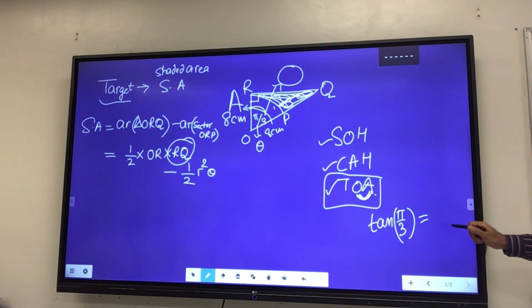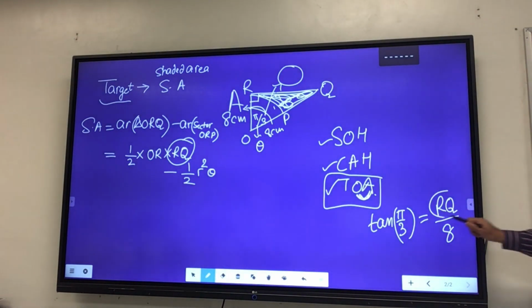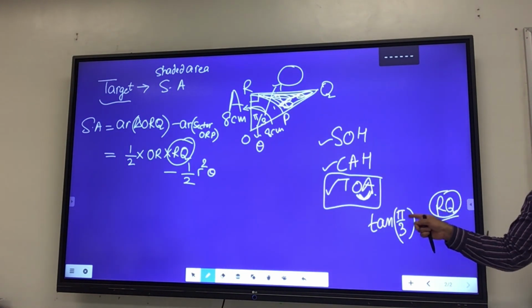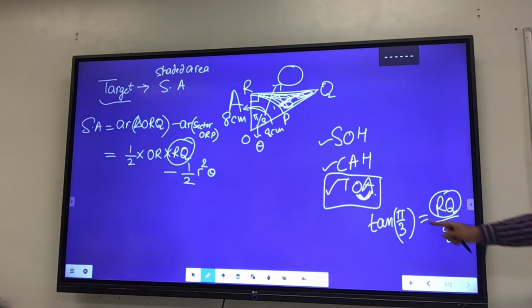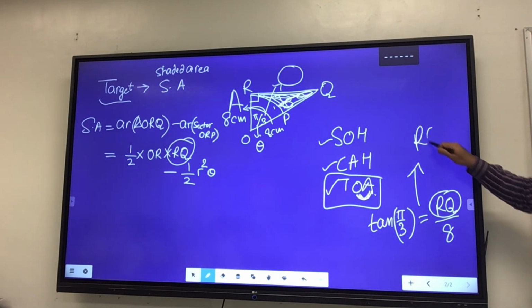So opposite divided by adjacent means RQ divided by RO, which is 8. Use your calculators and get the value of RQ, which must be tan pi by 3 times 8. Before you do that, check the mode in your calculator. It should be in radians, not in degrees, because the angle is in radians, okay? So tan pi by 3 times 8 will give you the value of RQ.